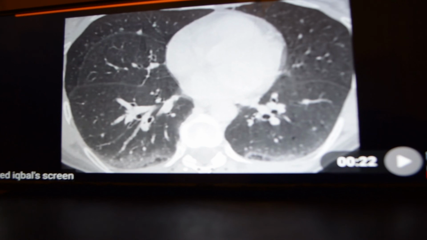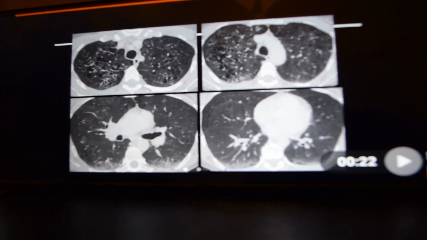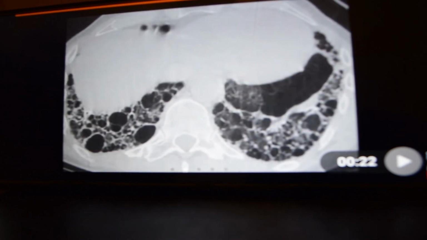Subpleural haze, cystic disease, and subpleural haze showing lymphangioleiomyomatosis. And again, HRCT showing cystic disease with a few areas of signet ring appearance. You can see the central vessels in a few of them and thickened septa.